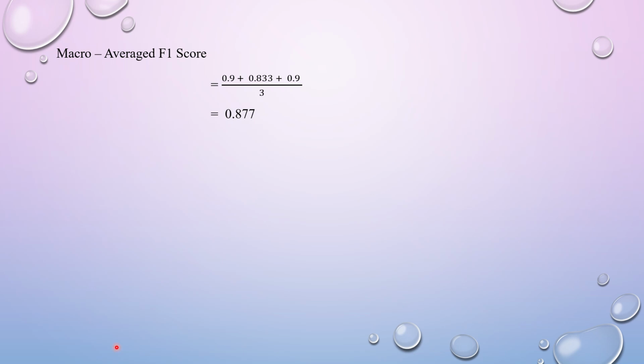Macro average F1 score is equal to F1 score for class A plus F1 score for class B plus F1 score for class C divided by 3. 3 is the number of classes, class A, class B and class C. So first F1 score for class A is 0.9, F1 score for class B is 0.833 and F1 score for class C is 0.9. 0.9 plus 0.833 plus 0.9 divided by 3 is equal to 0.877. This is the macro average F1 score.